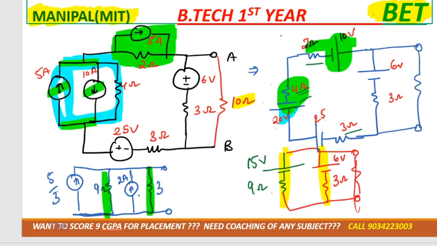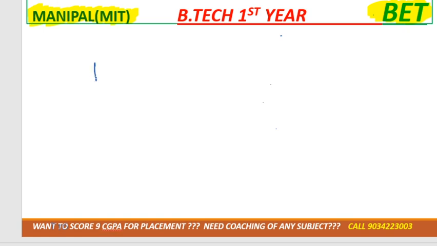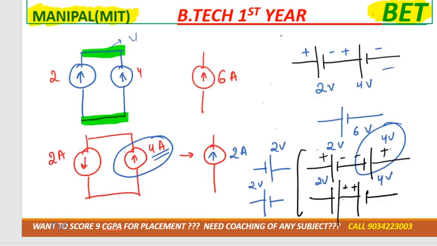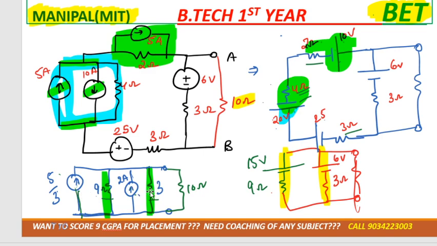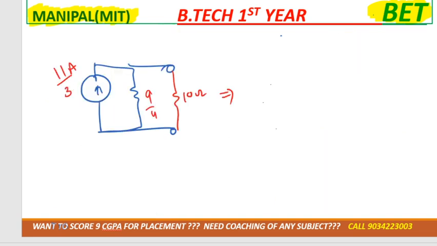Now tell me the final answer for this one. We'll get the final value for the current source and the final value for the resistance. After solving this current source into a single source and resistance, we'll get this value, and then we'll finally convert the current source into the voltage source.